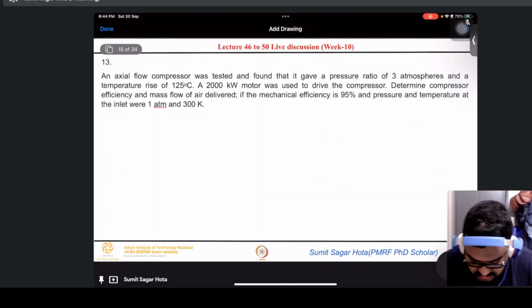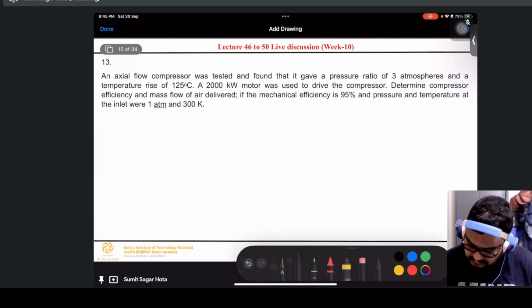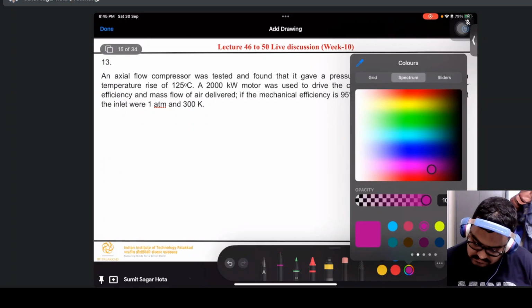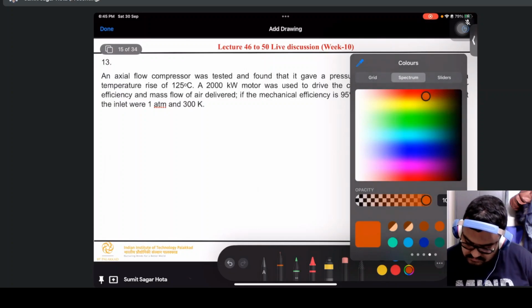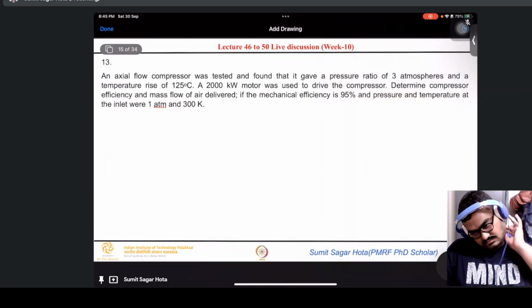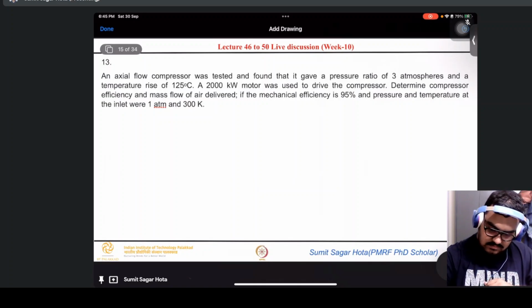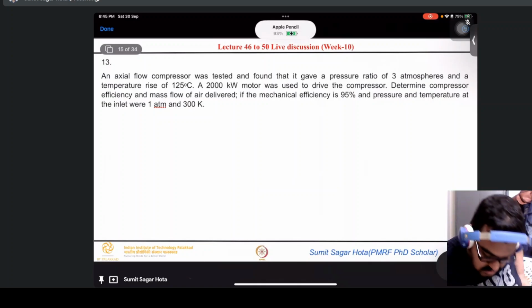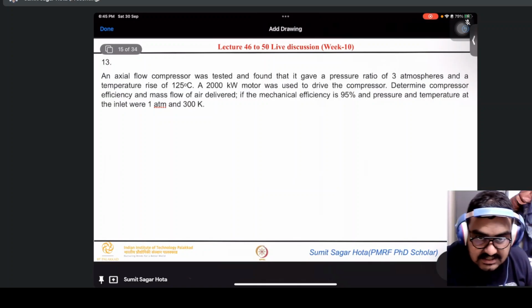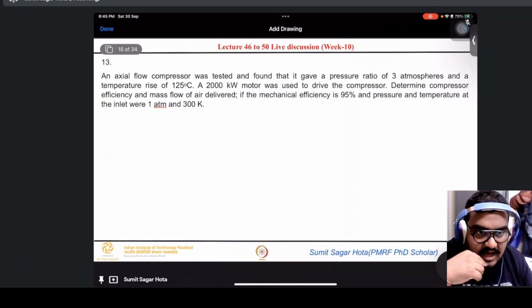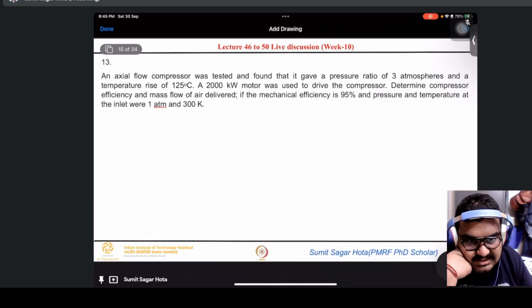Now let's come to the problem part. An axial flow compressor was tested and found that it gave a pressure ratio of 3 atmosphere and a temperature rise of 125 degrees Celsius.